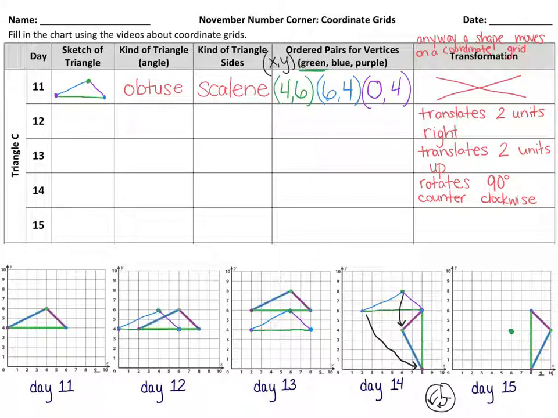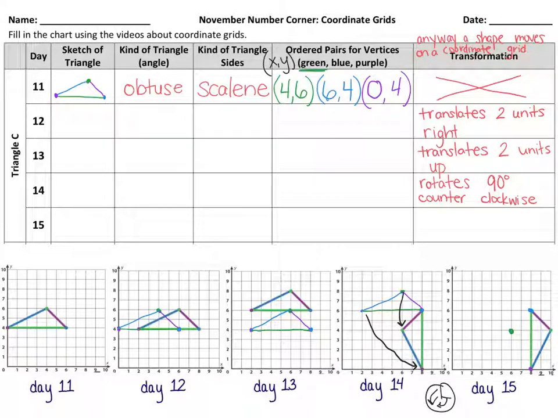Now, our blue point is at 8, 6. So we go 8, 6. Oh, it's in the same spot again. And the purple point was at 8, 0. So 8, 0. Oh, and that one is in the same spot as last time also.